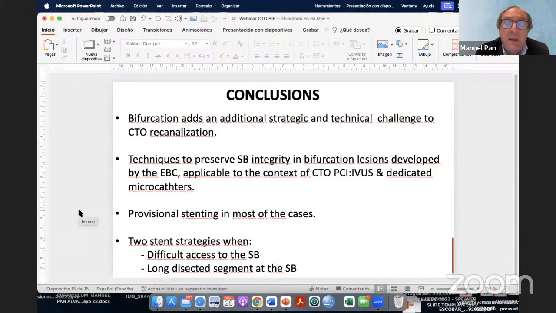Yeah. I think the use of IVUS is useful to inform you about the anatomy of the bifurcation, the position of the dissection, the relationship between both branches, and in case of unfavorable situation, as you mentioned, the use of a double lumen catheter is the rule, and try to reach the second branch with the use of a dedicated hydrophilic wire, or whatever, in accordance with the experience of the operator, trying to orient the over-the-wire port of the double lumen catheter in a favorable position, in order to facilitate the passing of the second wire to the side branch.